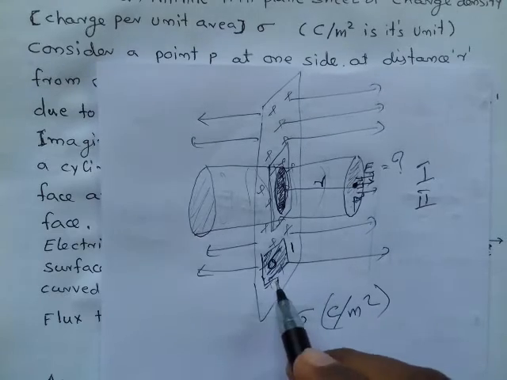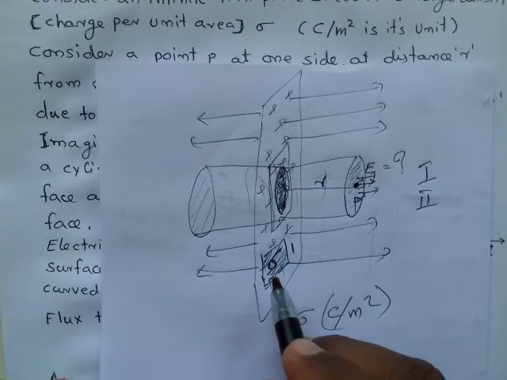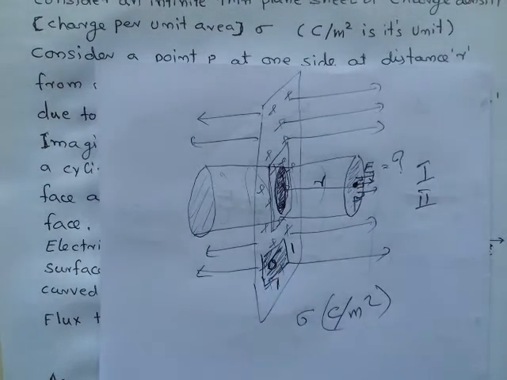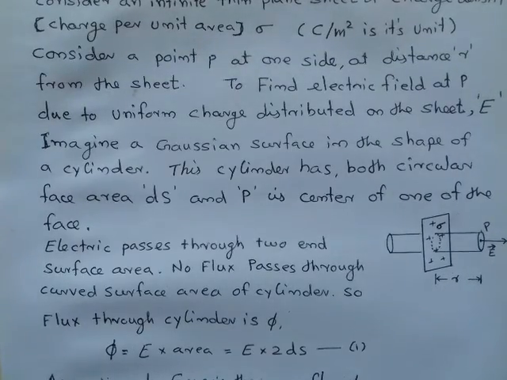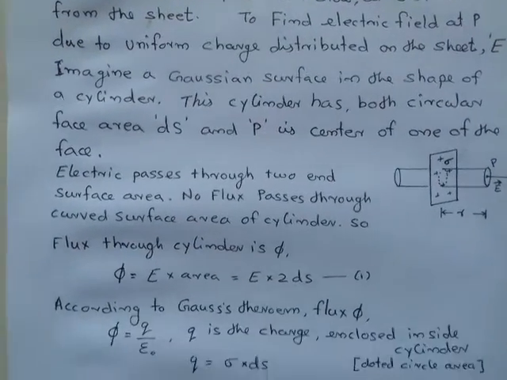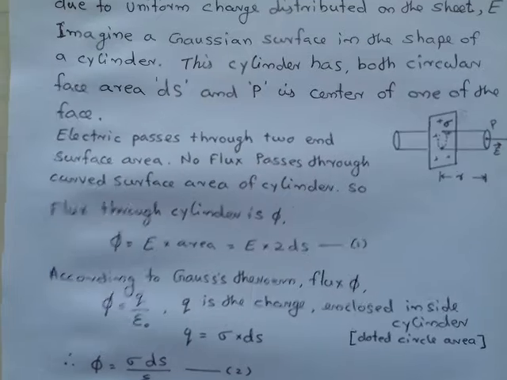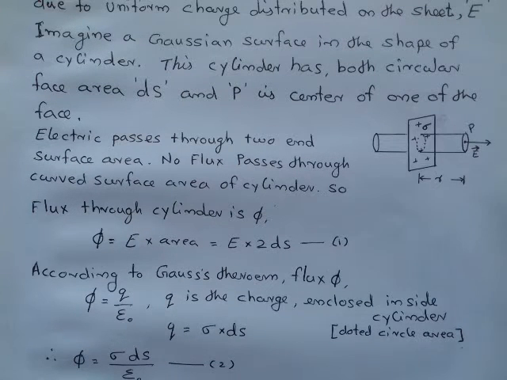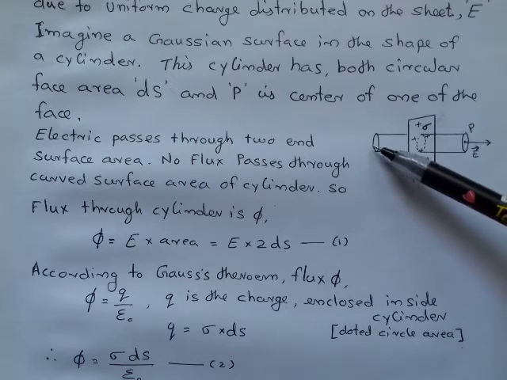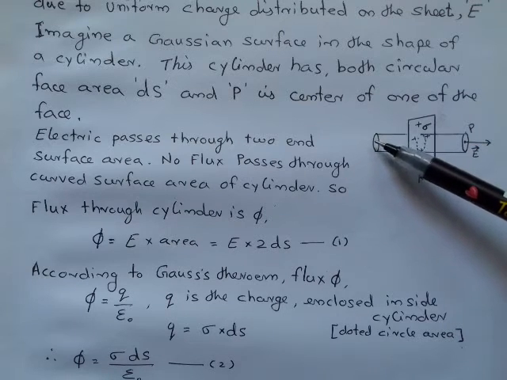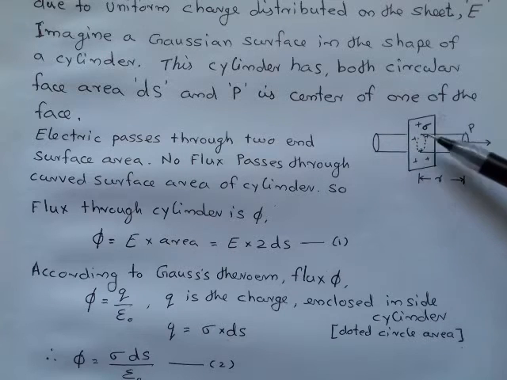So that is called areal charge density or surface charge density, sigma. Okay. So this area is ds. The circular area is ds, and this circular area is also ds. And here is the curved surface area of the Gaussian cylinder.